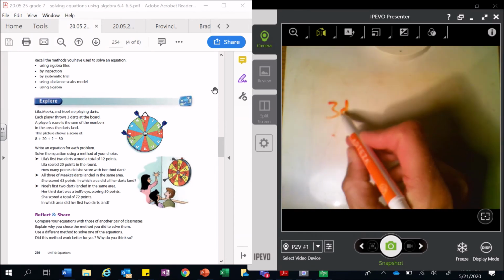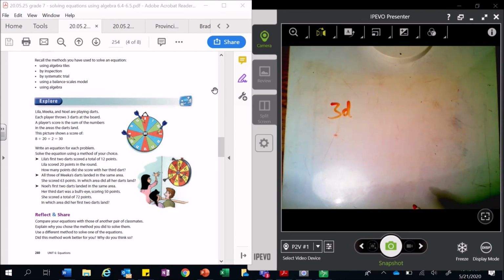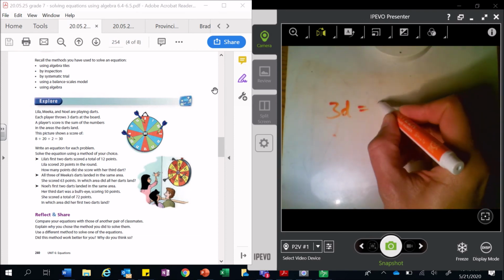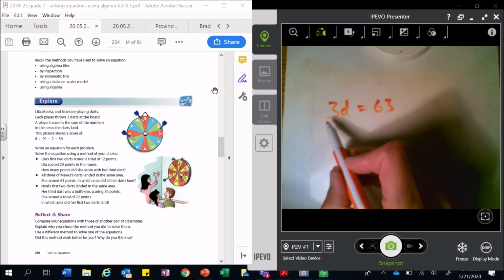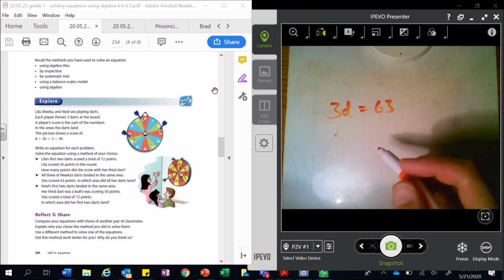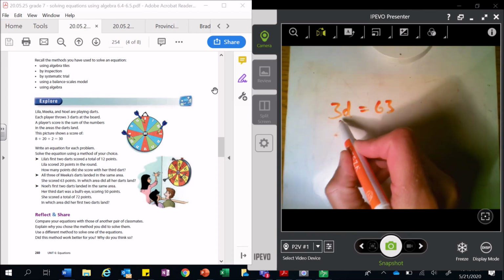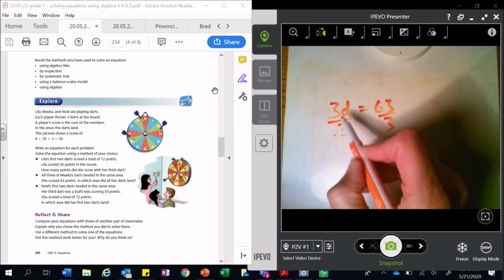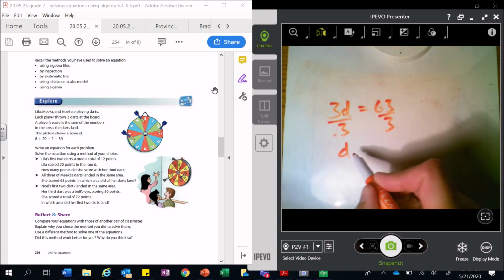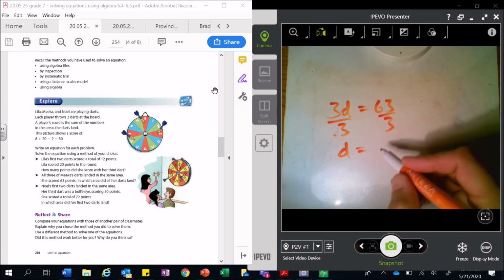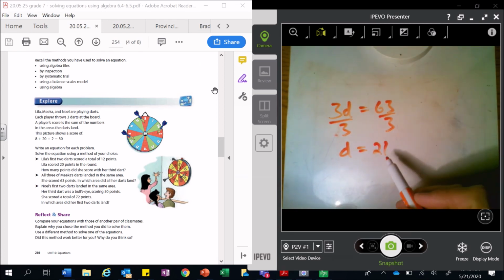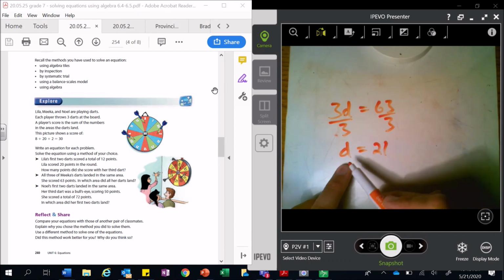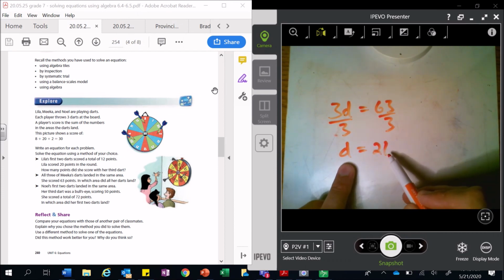We know that D is going to be the same because they all landed similar, and we know that those equal 63. So 3 darts all in the same area equals 63. Well, 3 times D, the opposite would be divided by 3. Times 3 and divided by 3 cancel out. All we have left is D. And 63 divided by 3 is 21. So that means each dart must have scored 21 points.